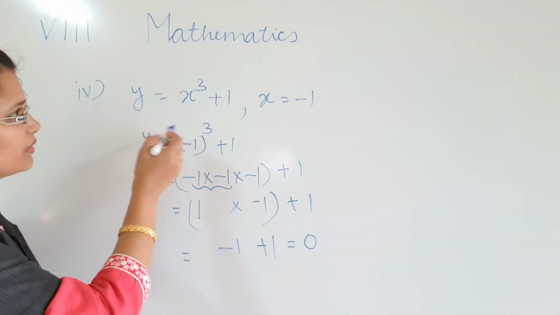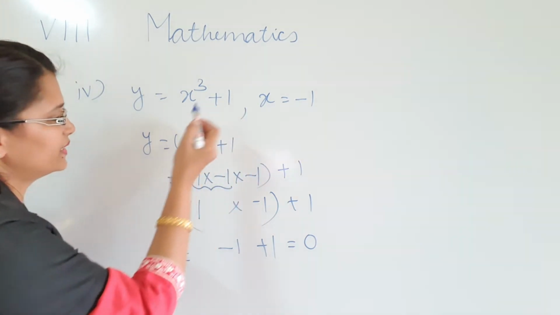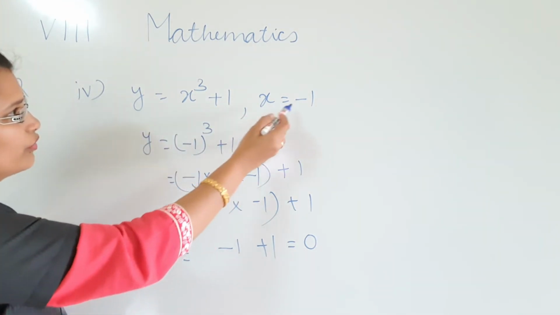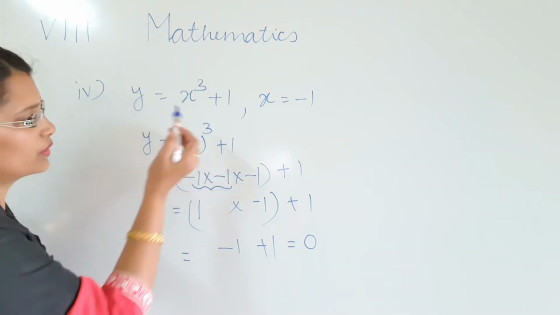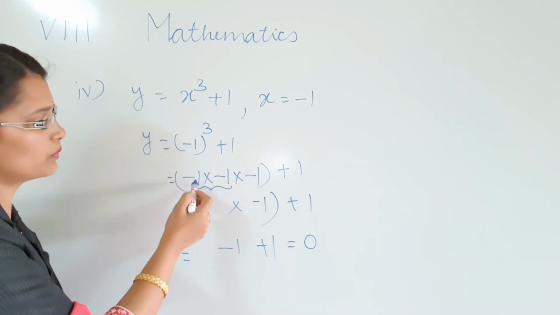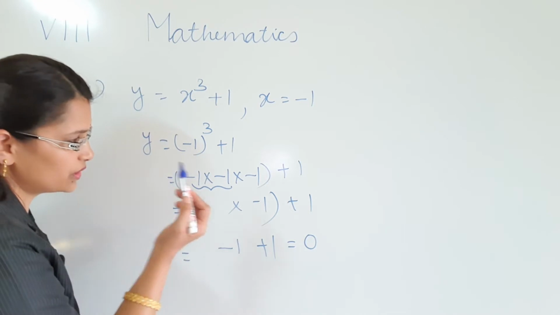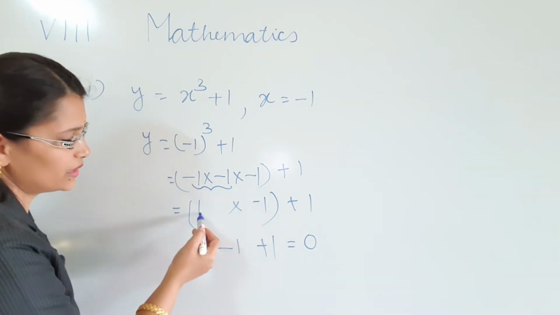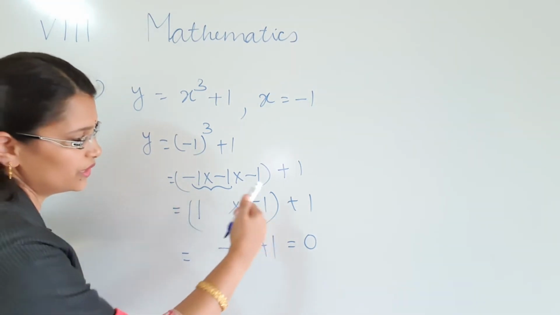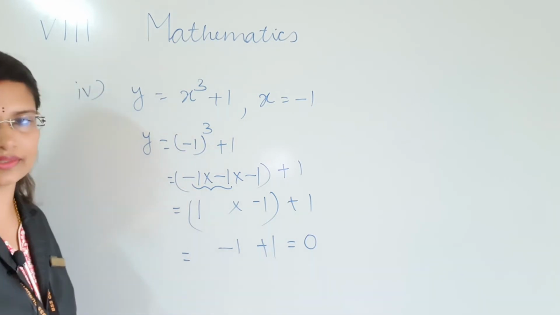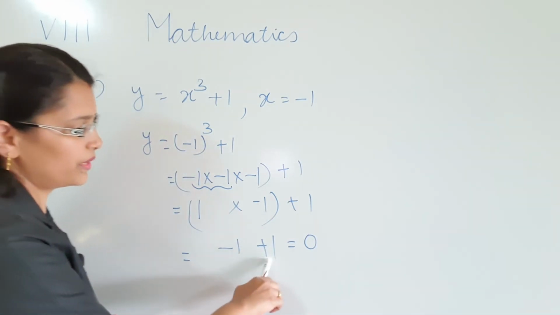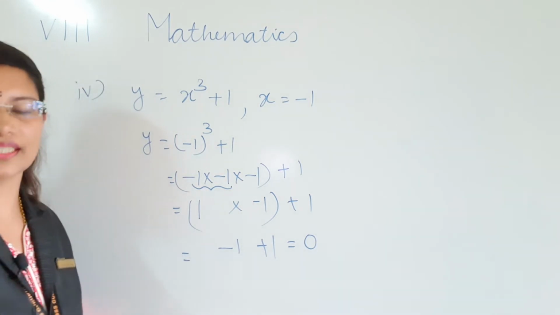So children, here x is equal to minus 1, just substitute the value of minus 1 here. Minus 1 whole cube means 3 times we need to multiply minus 1. So negative into negative is equal to positive, then again one more negative, then again positive into negative is equal to negative. So minus 1 plus 1 is equal to 0.